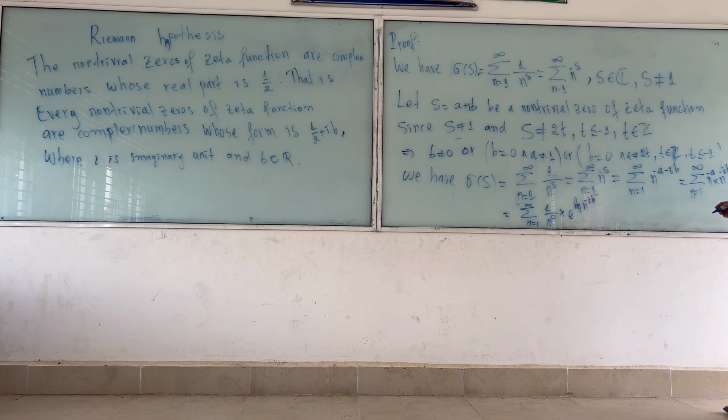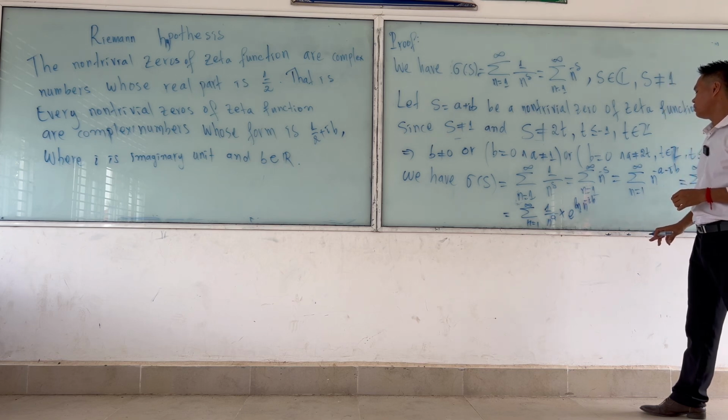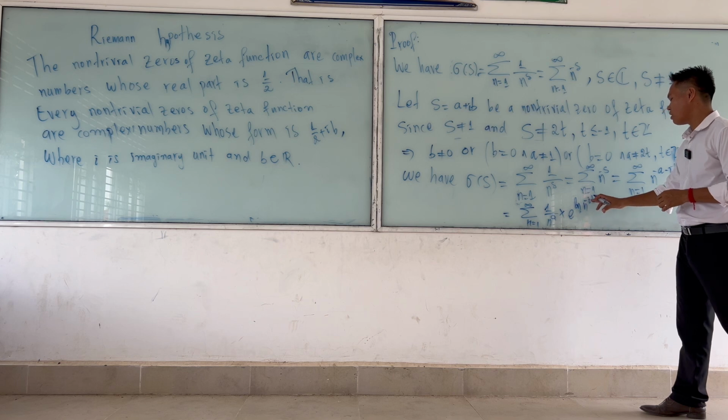And next, what do we get from this? Minus ib is also a complex number. So what do I get here? n power minus ib.